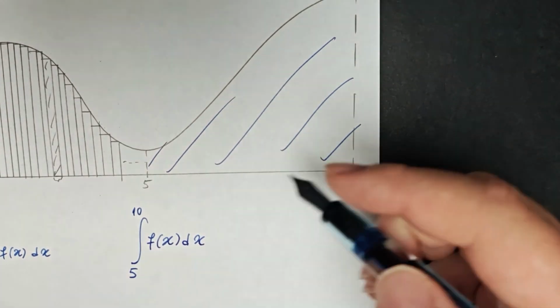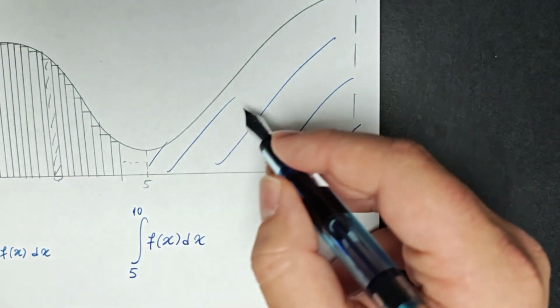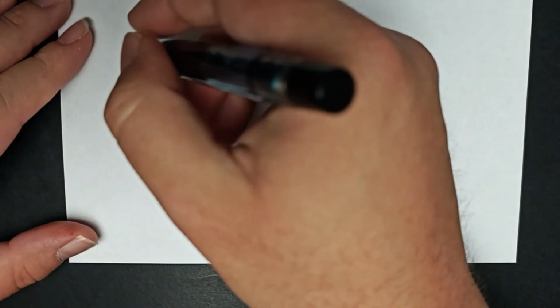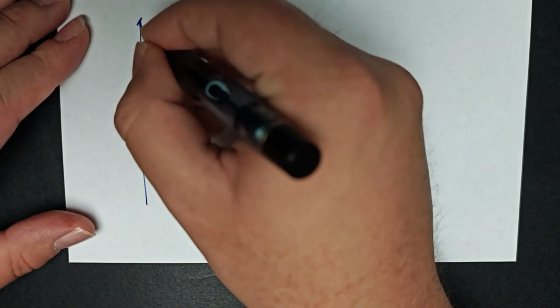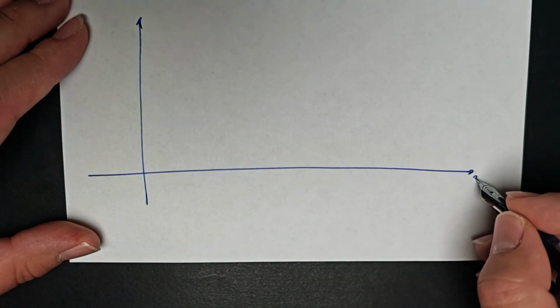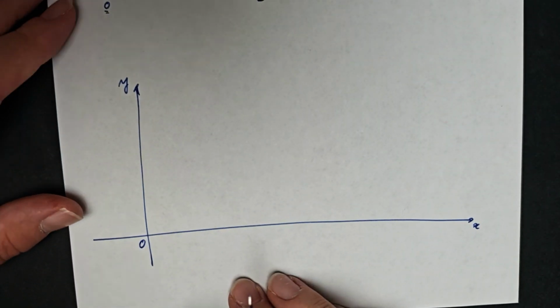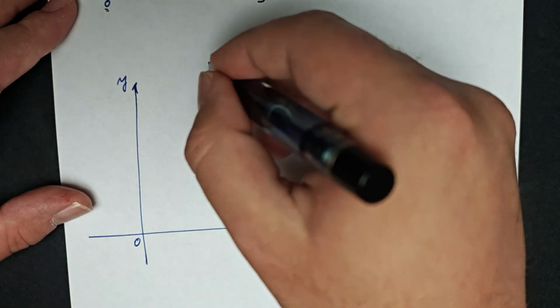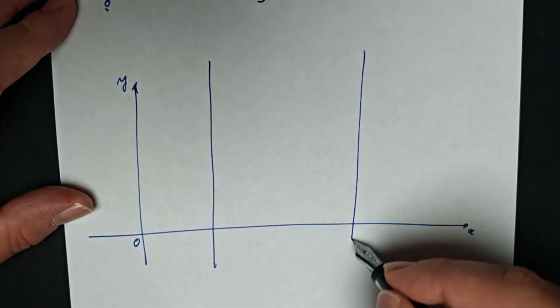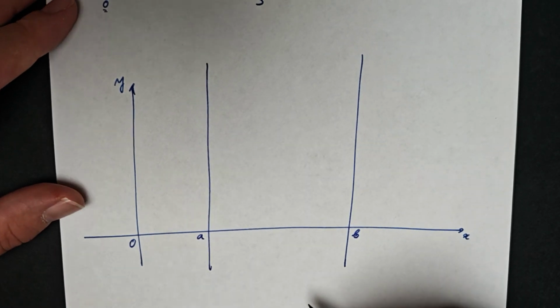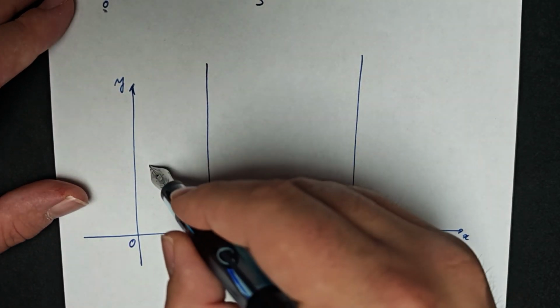Remember that this function f, which we are using in our example, is not the only function that this method works on. So we can have something like this. We have a Descartes coordinate system, x and y axis and origin here. The function can be integrated over any interval from a to b, and that function can have any shape.